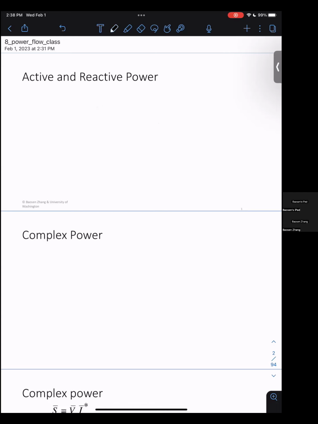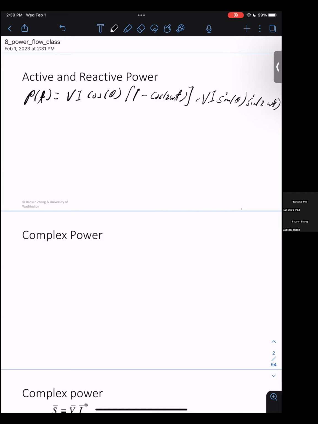From last class, we're looking at the active power, real power. If you recall, what we wrote was that it's a function of time given the voltage, with sine two omega t.